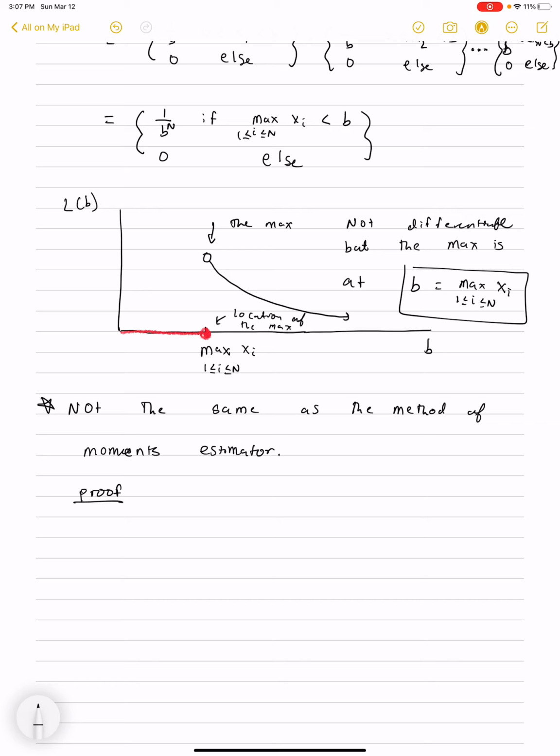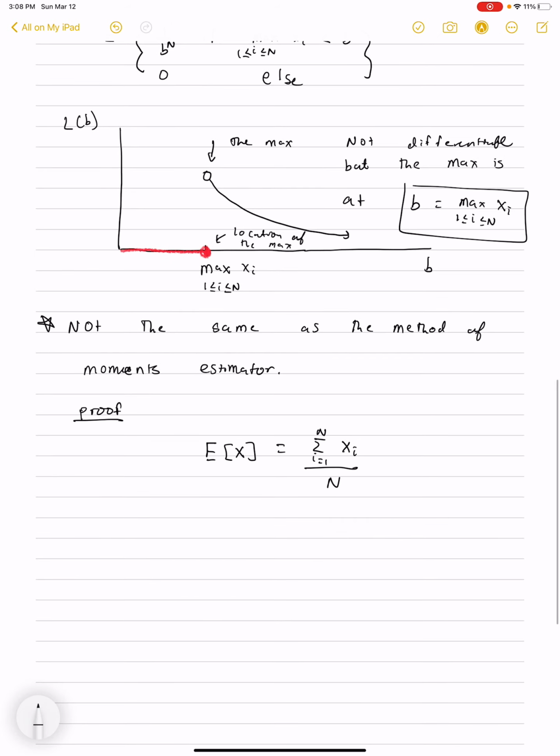The method of moments estimator would say set E of x equal to the summation from i equals 1 to n of x sub i divided by n. That's the method of moments. And this is just known as the sample average.